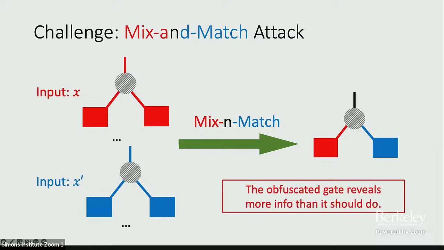Now the obfuscated gate will reveal more information than it should, because normally, if we run this program honestly, then for some input combinations this obfuscated gate will never be executed. So intuitively, this adversary can force the obfuscated gate to reveal more information than it should, so we cannot prove its security.